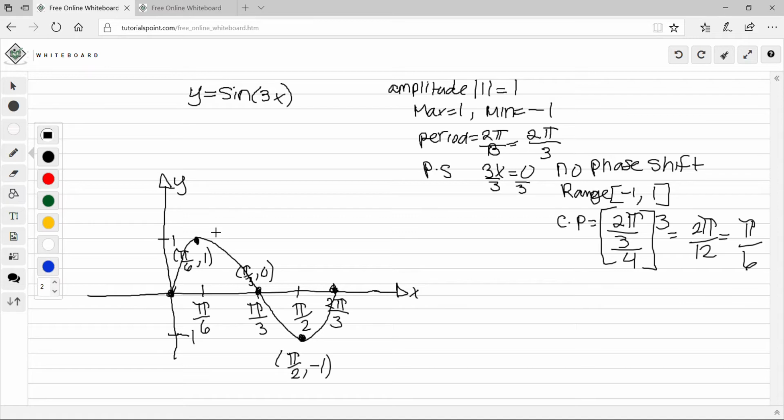So we know our range is from -1 to 1. Our period is 2 pi over 3, and we don't have a phase shift. And then we can also say it's a horizontal stretch by a factor of 1/3.